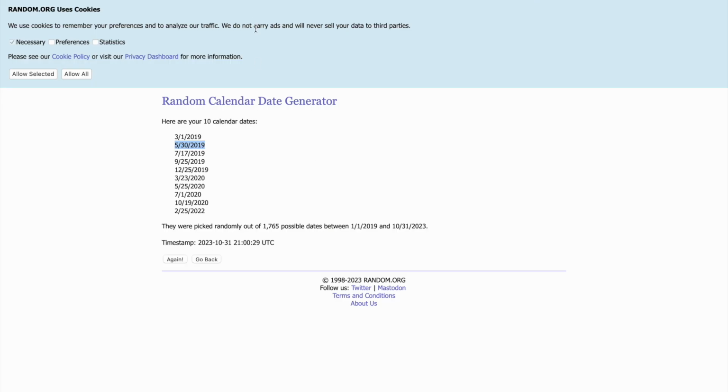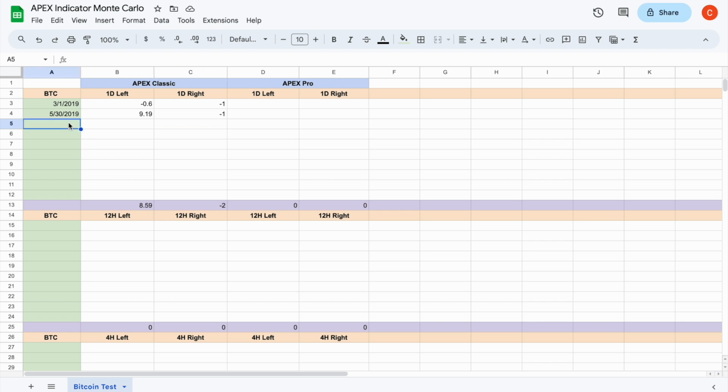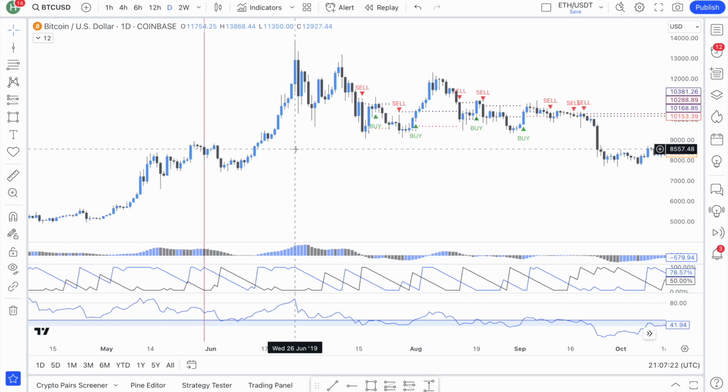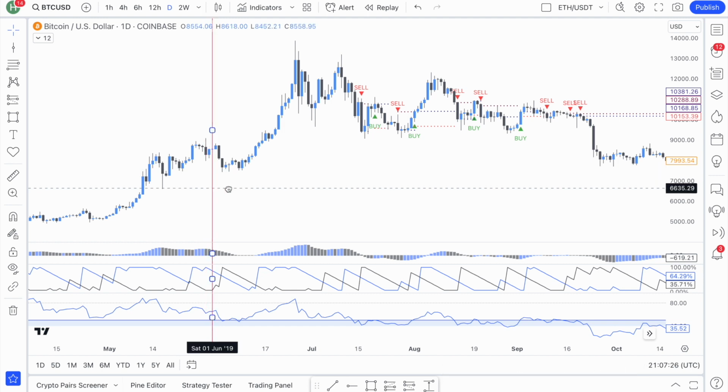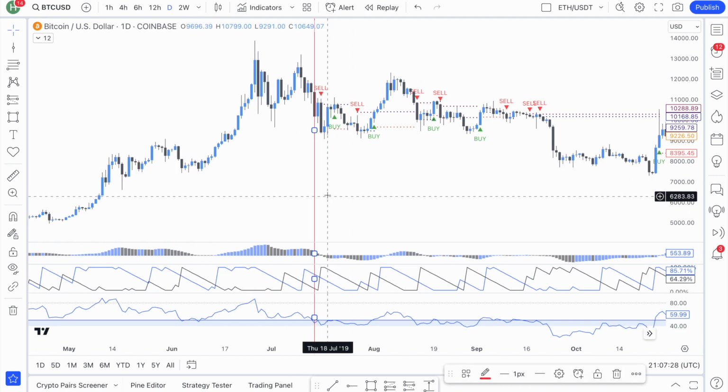Next one is 7/17/2019. I should say 2019, Bitcoin was not around in 2009. So going into this, 7/17, which is July, right? July 17.